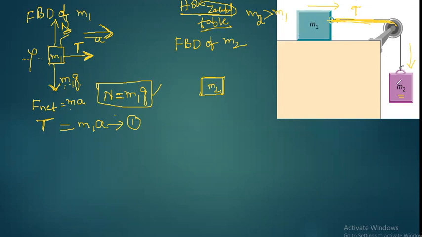Now, how is the body moving here? The body is moving down, right? Why? Because it is the heavier one, it is having more weight, so it is going down. So the body is moving downward.